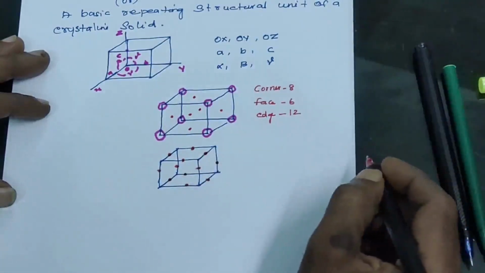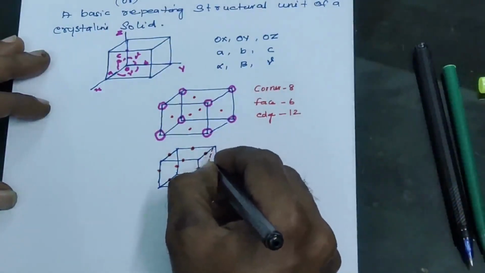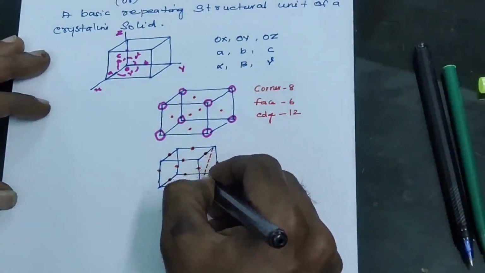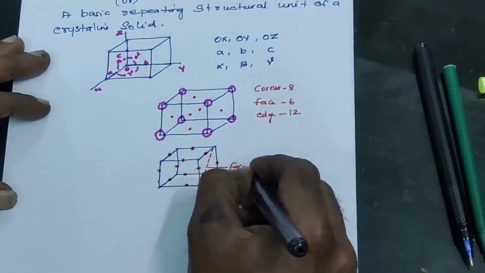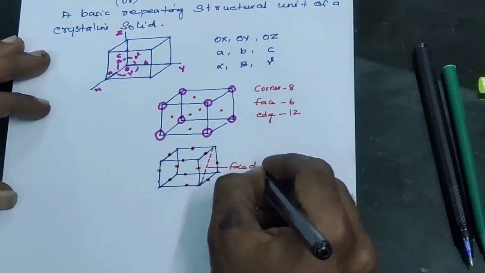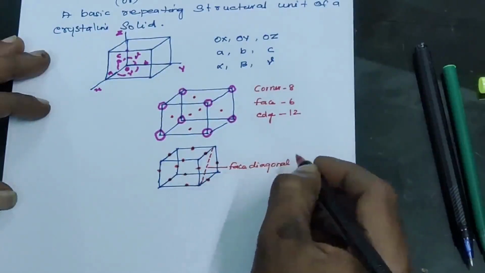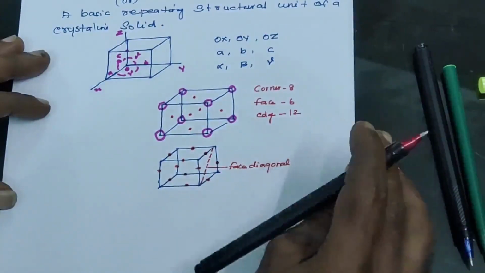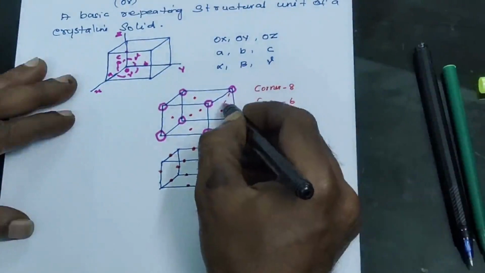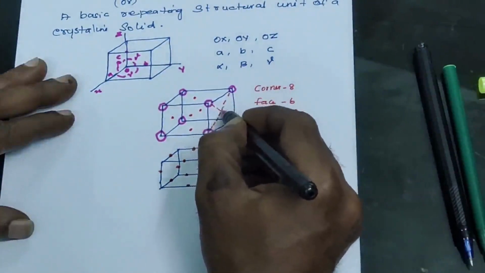Edge center. Then face diagonal. This is one face diagonal, and this is another face diagonal.